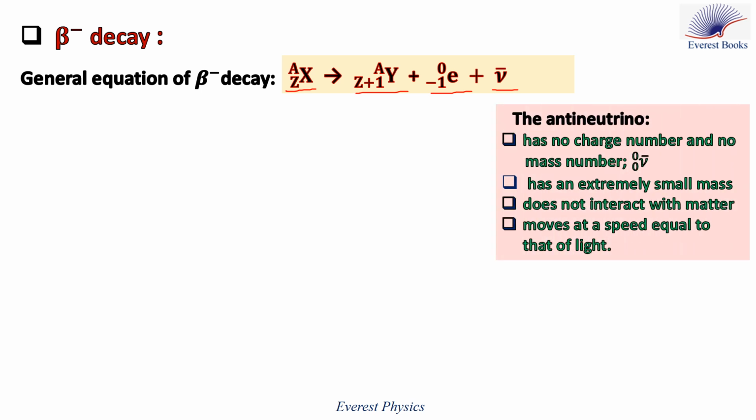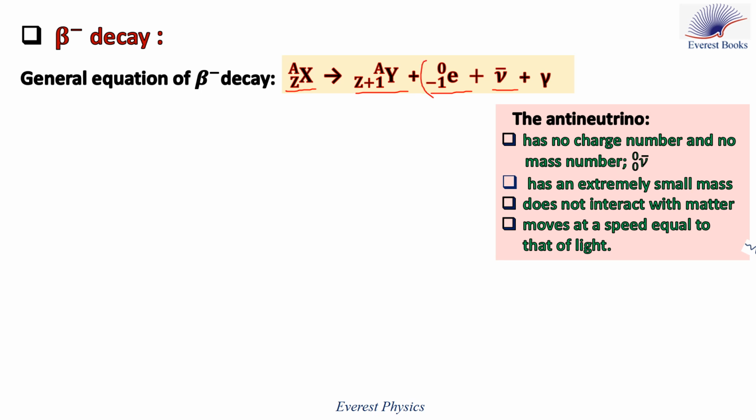The antineutrino has no charge number and no mass number, has an extremely small mass, does not interact with matter, and moves at a speed equal to that of light. If the daughter nucleus is produced in an excited state, it returns to the ground state directly by emitting one photon or in several steps by emitting more than one photon.